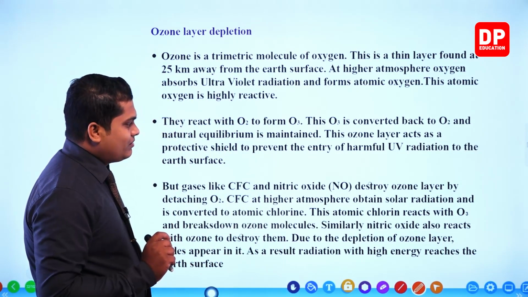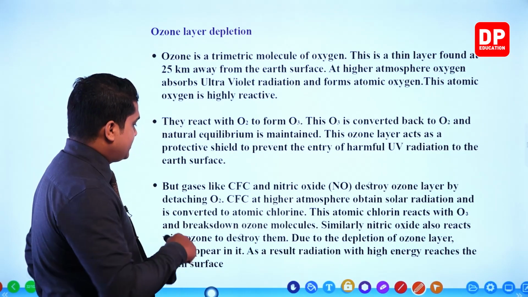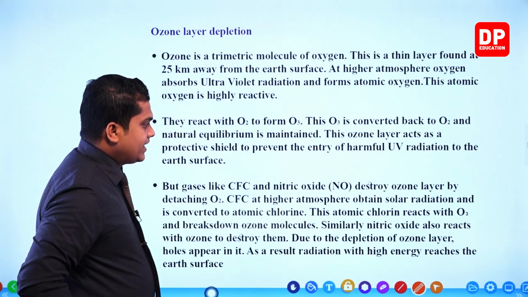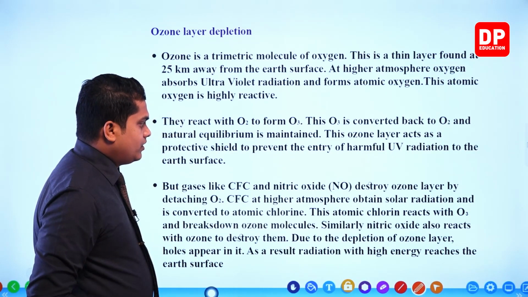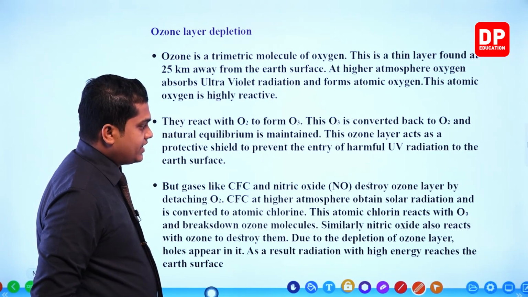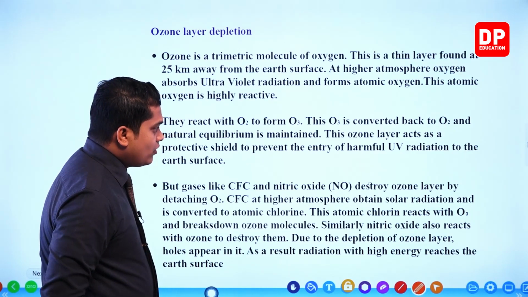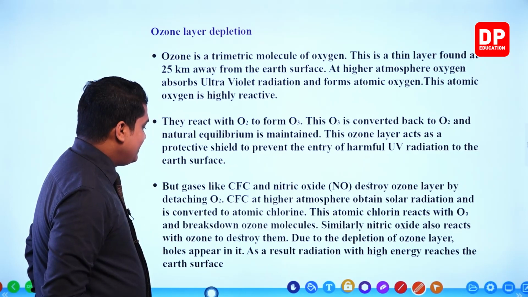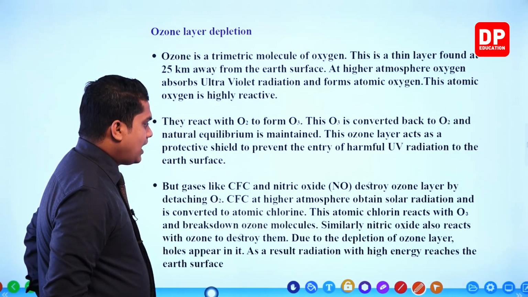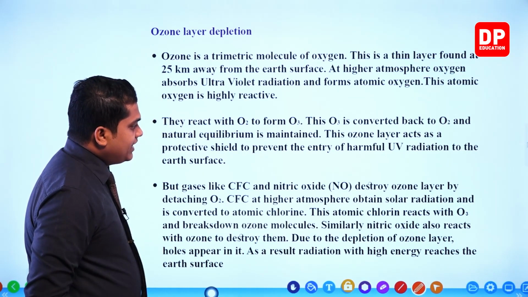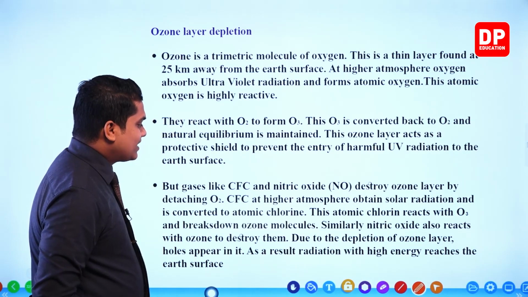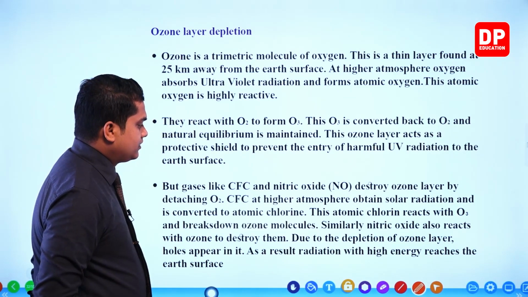However, my dear children, there is an exception. What is that? Gases like CFC, chlorofluorocarbon, and nitric oxide, NO, destroy ozone layer by detaching oxygen. CFC at higher atmosphere obtains solar radiation and is converted to atomic chlorine.